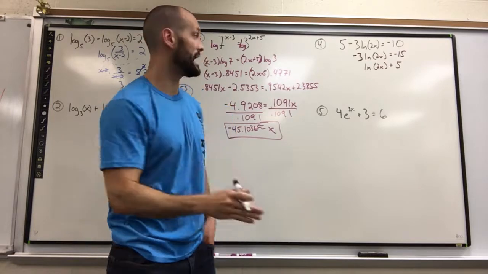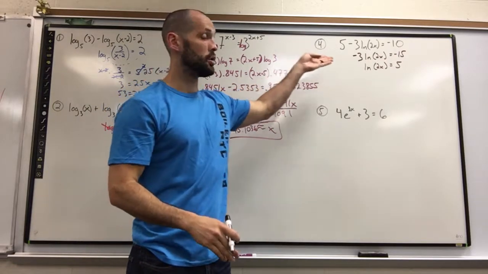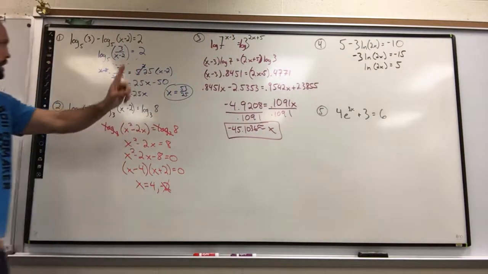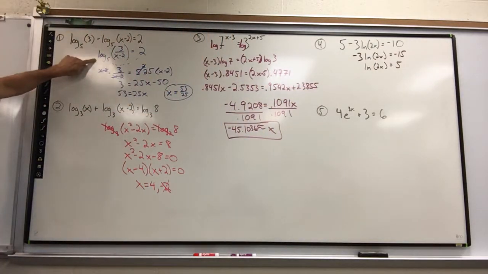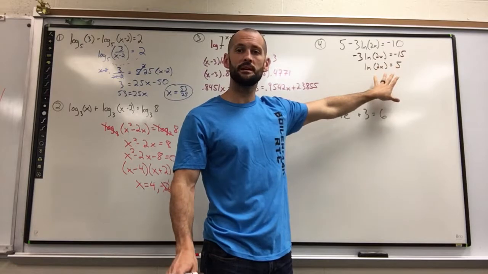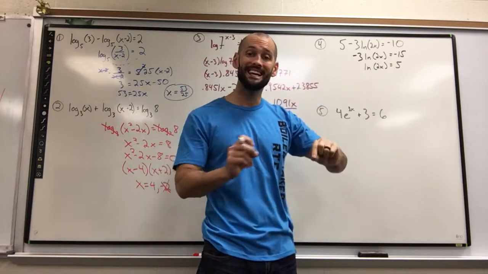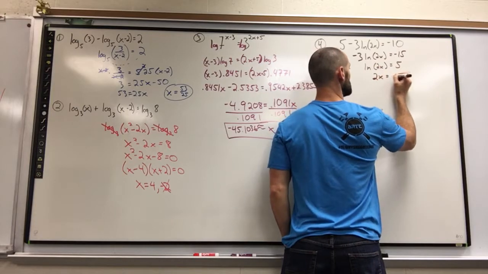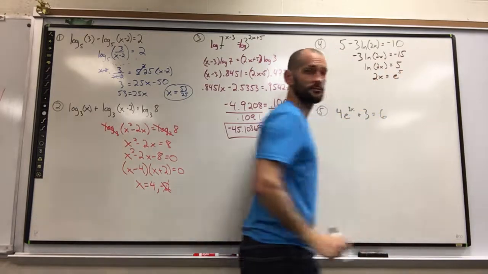So as everybody see, we have a statement where we have one logarithm. One logarithm like this one. What do we do? We put it in an exponential form. Do the same. But it's natural log. What does that mean? It means it's log base e. So if you bring the e over, now we have 2x equals e to the 5th.